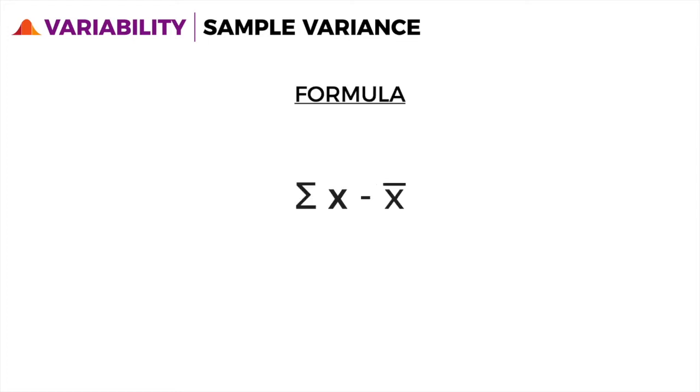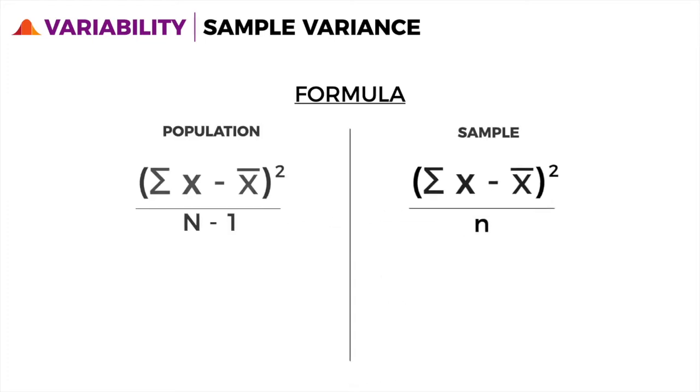So we now have summation of x minus x bar squared, and we divide it by n. There could be different formulas depending on whether you are working with a sample or a population. Summation of x minus x bar squared over n minus 1 is used for sample.